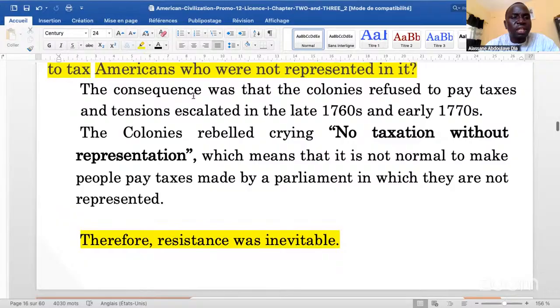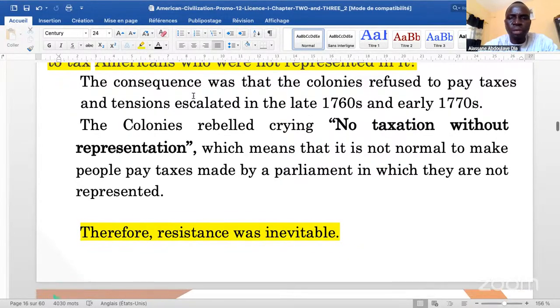In the 1760s and early 1770s, when the problem happened, there was a kind of demonstration. So the colonies started crying, saying taxation without representation. That's what the colonies said. What does taxation without representation mean?